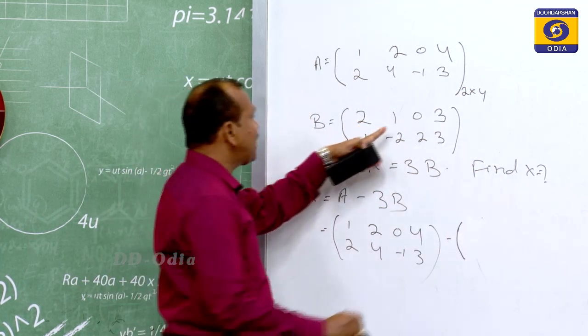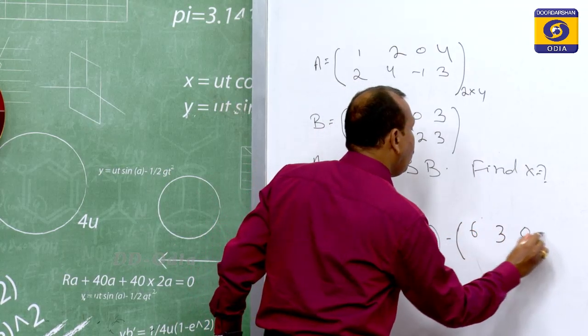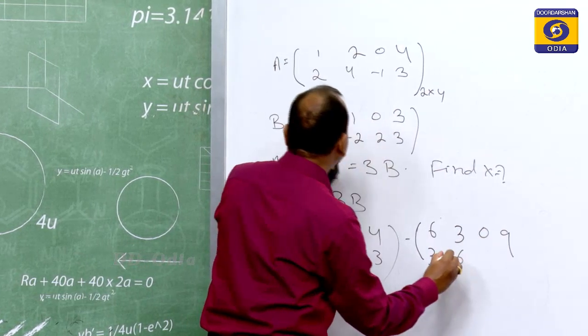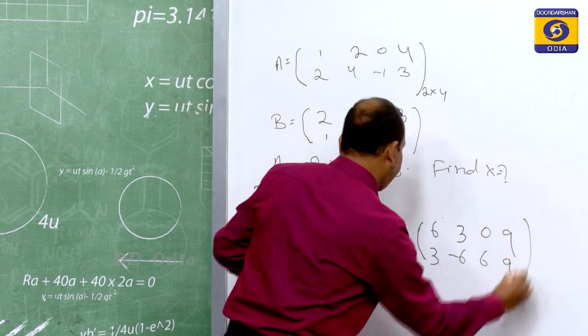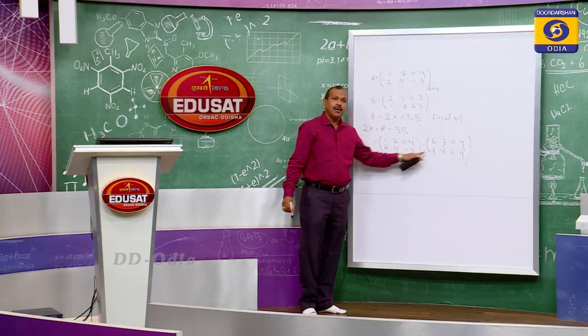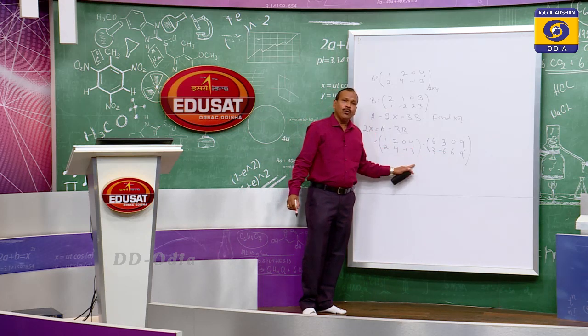We have 6, 3, 0, 9, 3, minus 6, 6, 9. This is a 2 cross 4 matrix. Also this is a 2 cross 4 matrix, and we subtract.